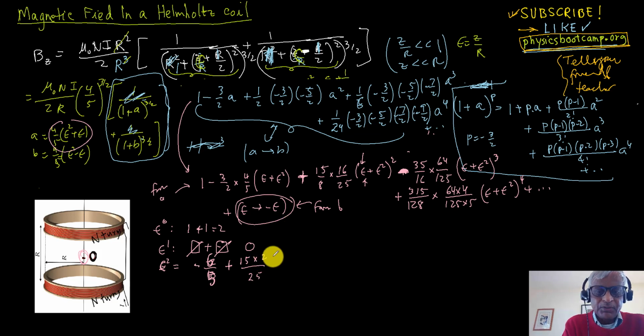And so this is from the a part. Let's see, then this guy cancels, plus the b part.